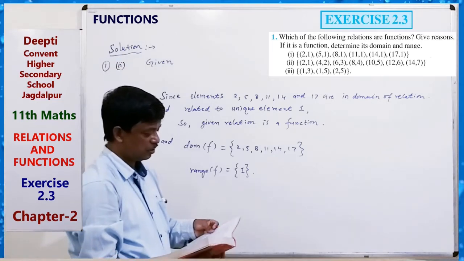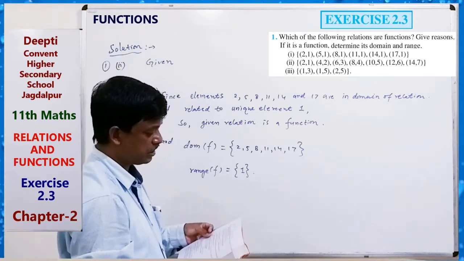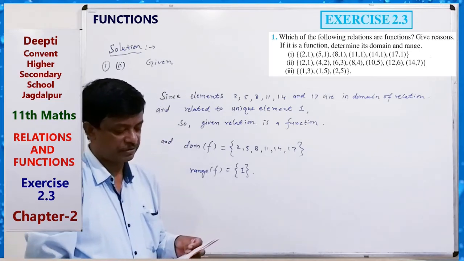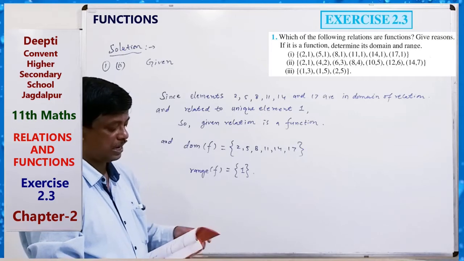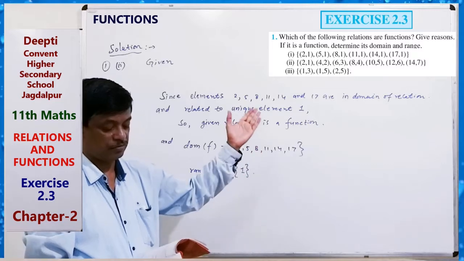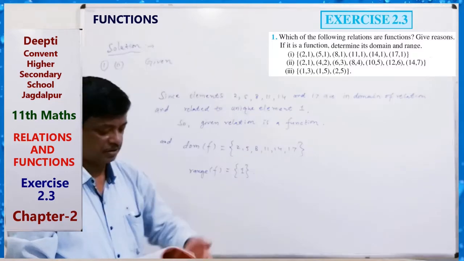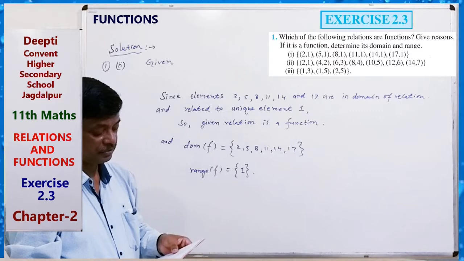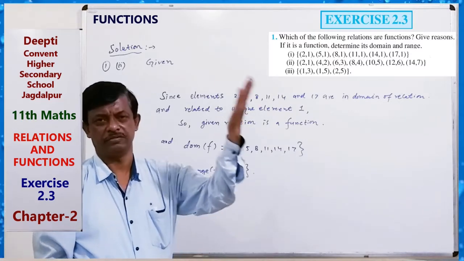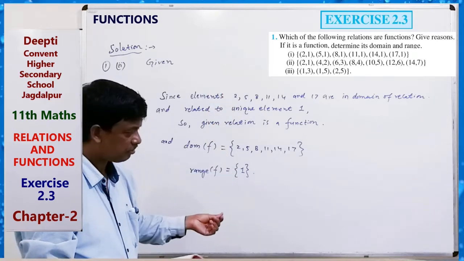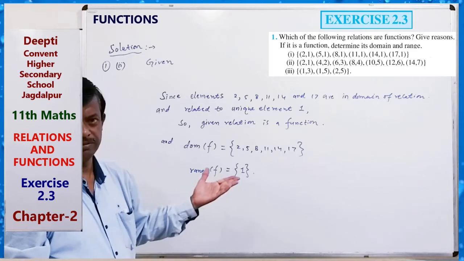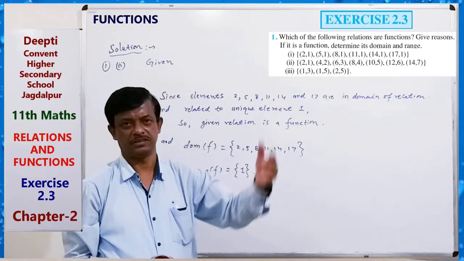In the second question the pairs are 2 to 1, 4 to 2, 6 to 3, 8 to 4, 10 to 5, 12 to 6, 14 to 7. The first elements 2, 4, 6, 8, 10, 12, 14 are all different, and the elements 1, 2, 3, 4, 5, 6, 7 are all different. So the same logic applies, because this is a function.